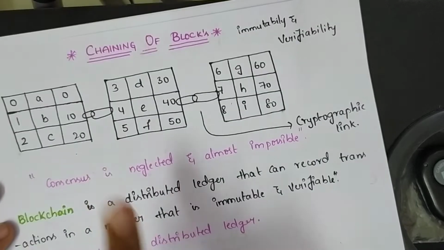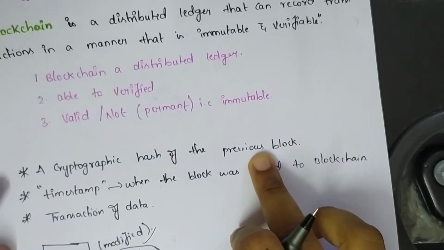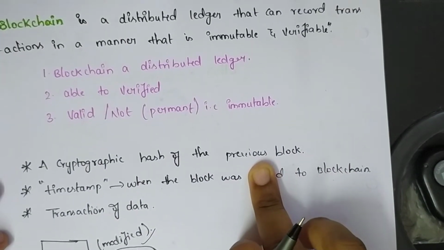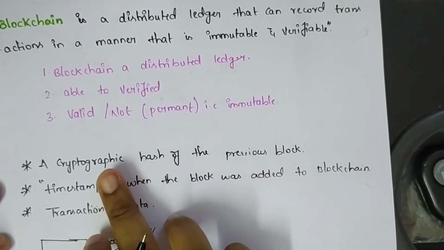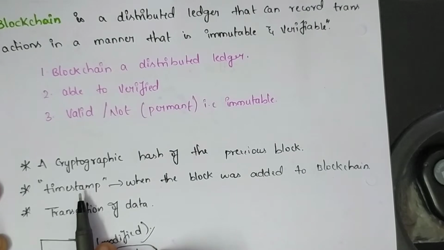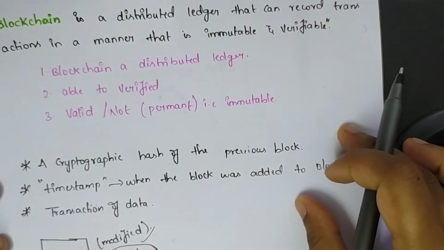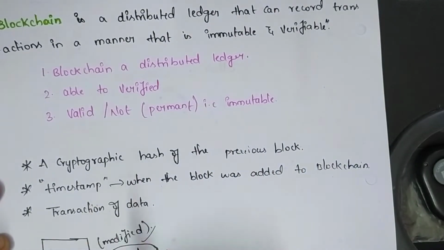As I already said, each block contains the hash of the previous block also. As they are linked with this linkage system, it is known as a cryptographic link. It also includes a timestamp. Timestamp means the time when the block was added to the transaction, and that is also included in the blockchain.